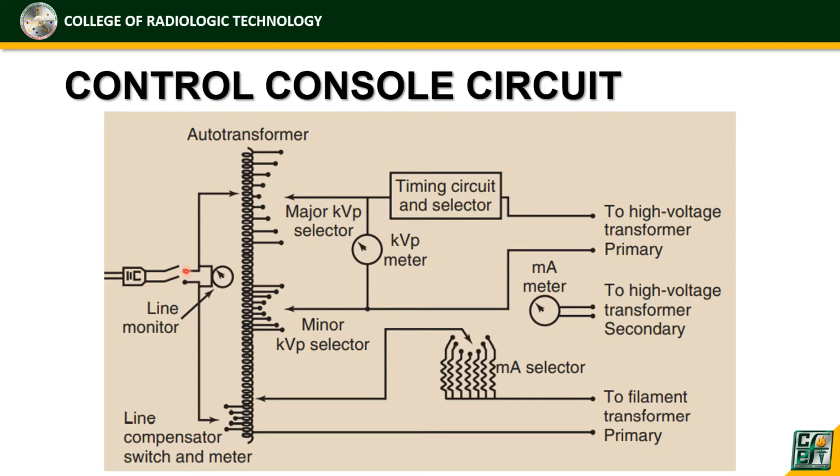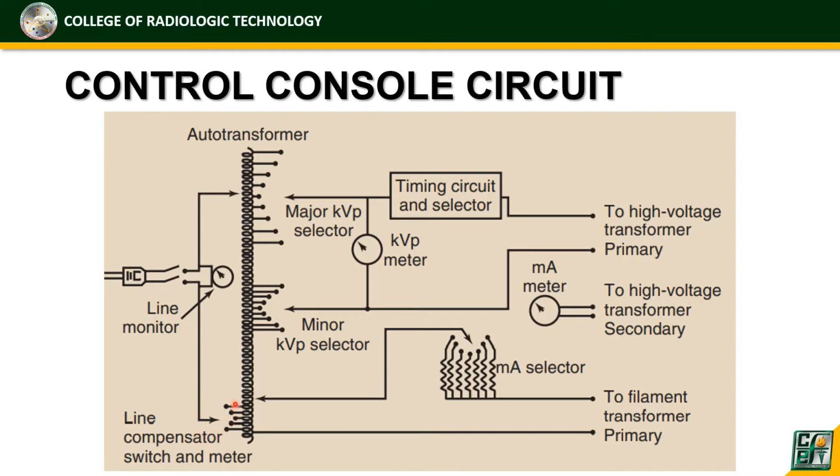It will be going through the line monitor. In older machines, we can see the line compensator switch and the meter.